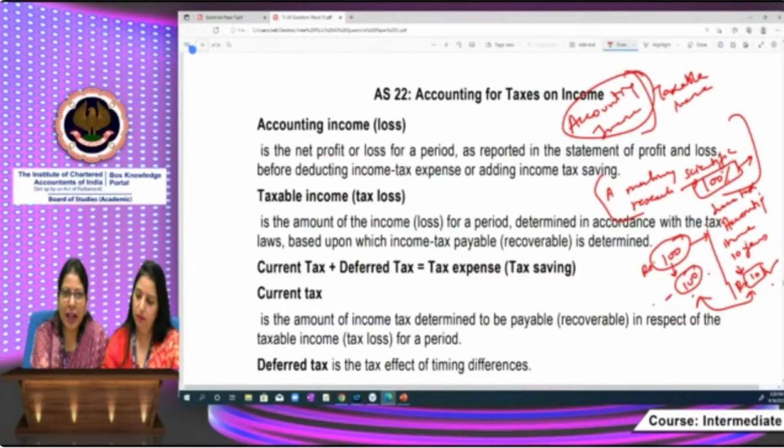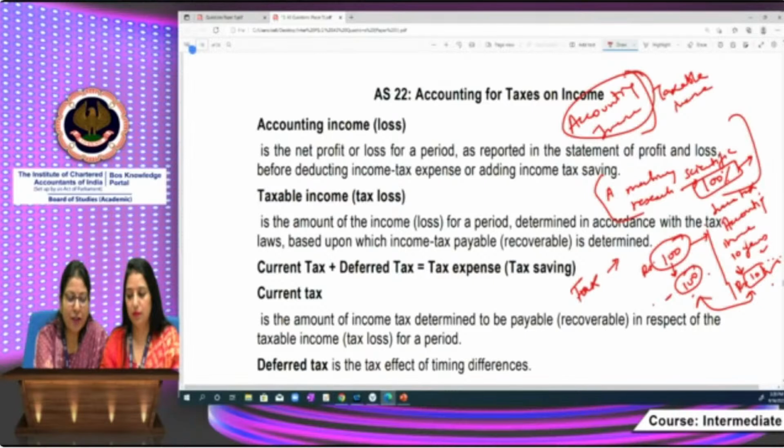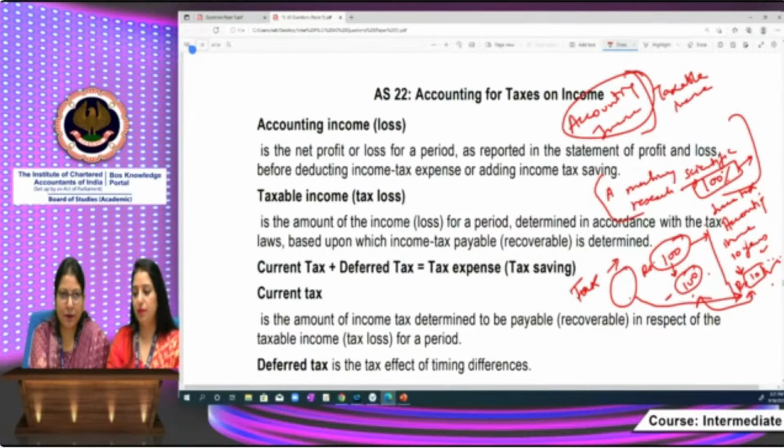The difference will be 90 rupees, because here we are reducing the entire cost of the machinery in the very first year itself, but in the books I will charge that expense of 100 rupees over 10 years, 10 rupees in each year. So basically, as per the tax authority, the tax which I am required to pay now is less as compared to the tax calculated on the basis of my accounting income. Got it?